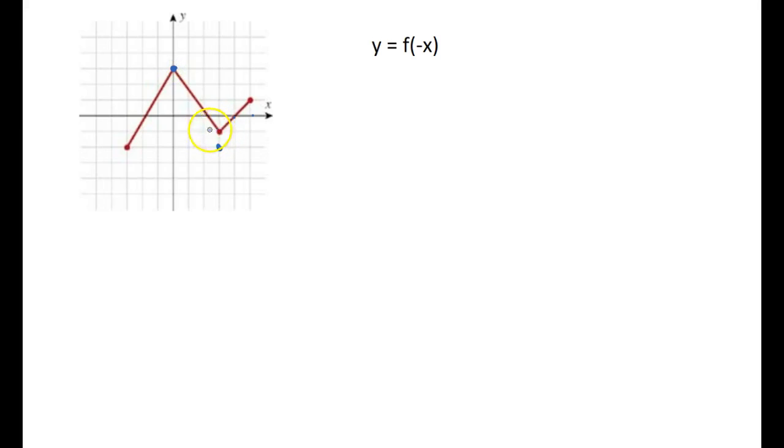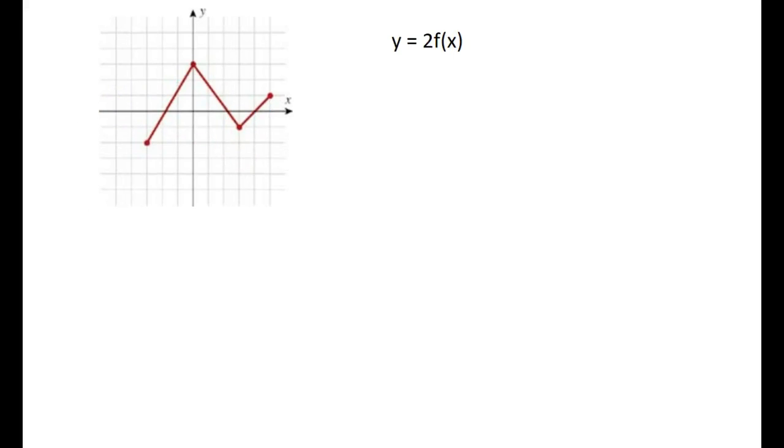It will now go over to negative 4, negative 1. And finally, this point here is at 5, positive 1. It will now go to negative 5, positive 1. And so when I connect the dots, you can see that this function has now been reflected around the y-axis.